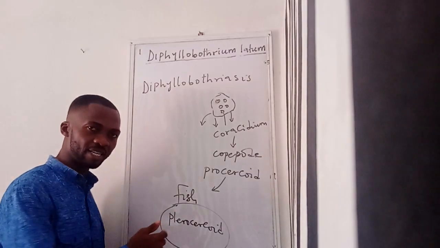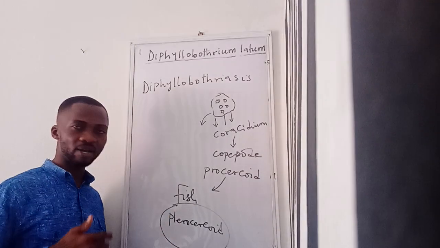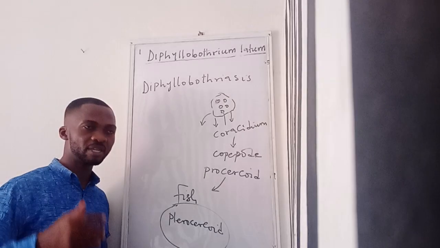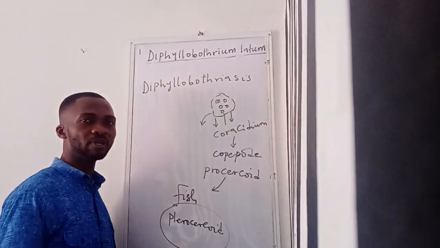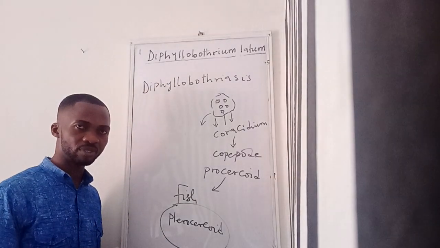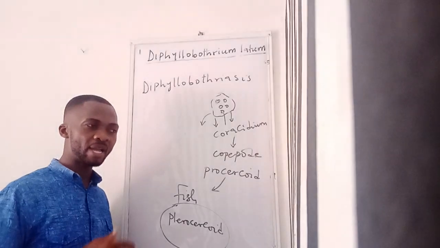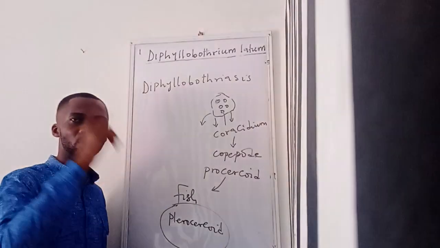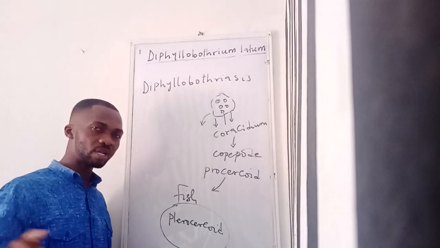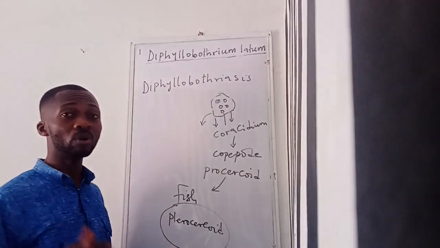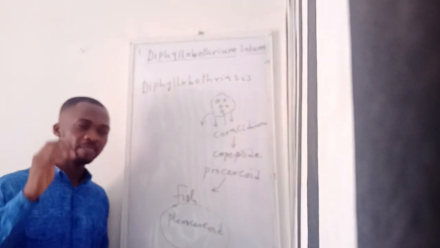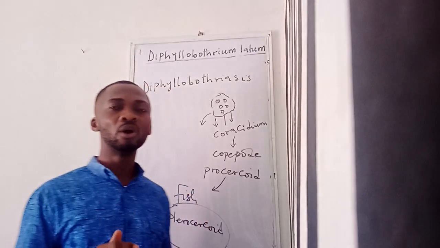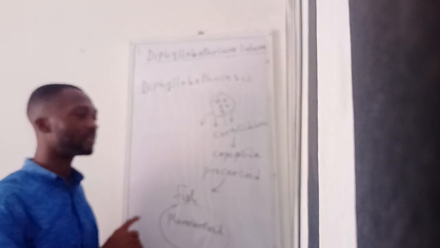And if that environment is an aquatic environment, the cycle continues. But if it is not an aquatic environment, the cycle will be truncated, because the aquatic environment is necessary for the completion of the life cycle of Diphyllobothrium latum.